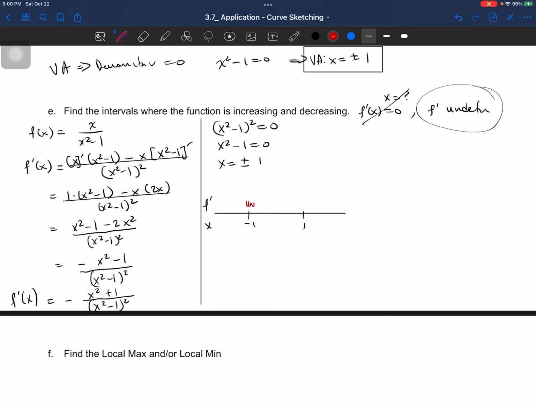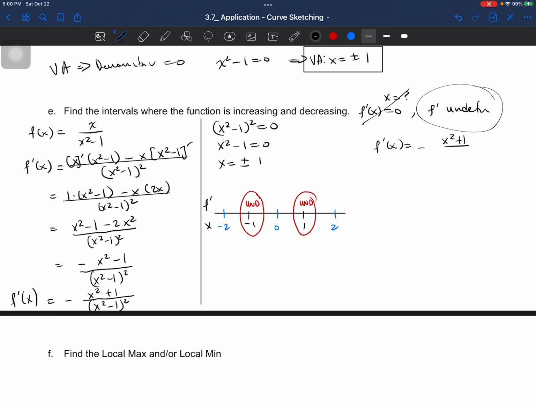So let's use the number line, and we're going to separate it by using negative 1 and 1. And the first derivative of this, we know is going to be undefined there. All right, so we're going to test numbers on the left side, such as negative 2, 0, and 2.